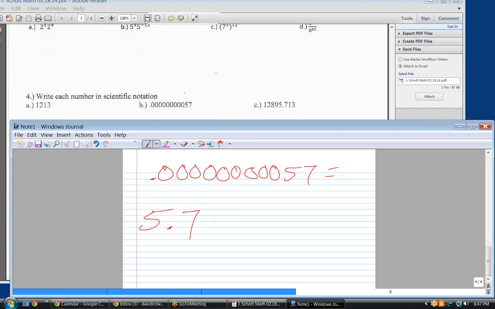And it's going to be times 10 to some exponent. Only in this case, I got to move the decimal place to the right, not the left. So my exponent is going to be a minus however many places I need to move it. Well, I need to move it 3, 6, 9, 10. Minus 10.